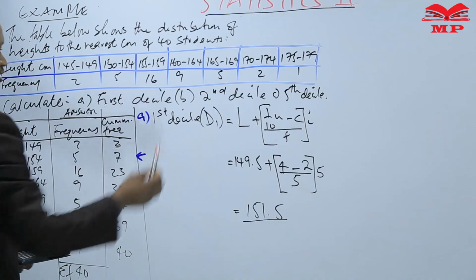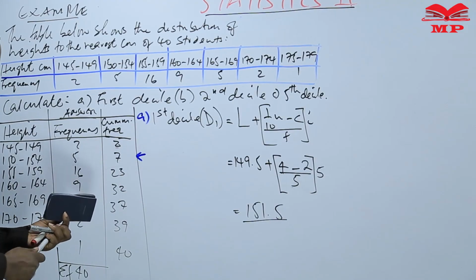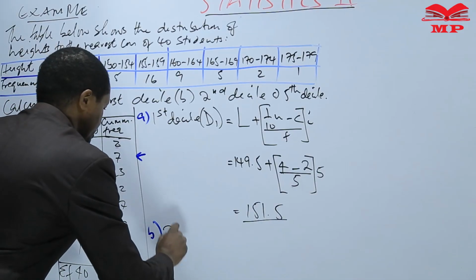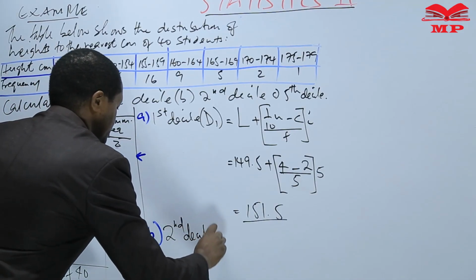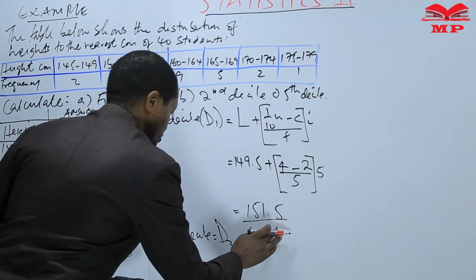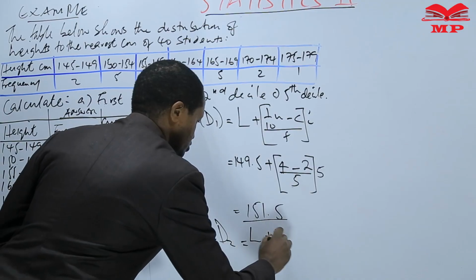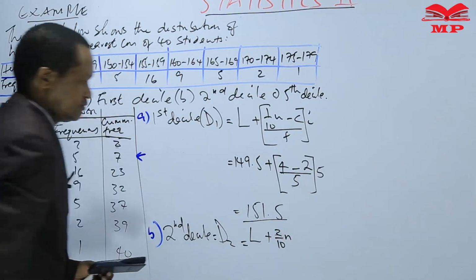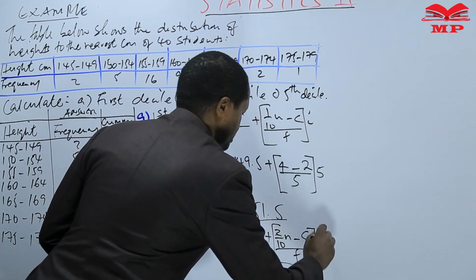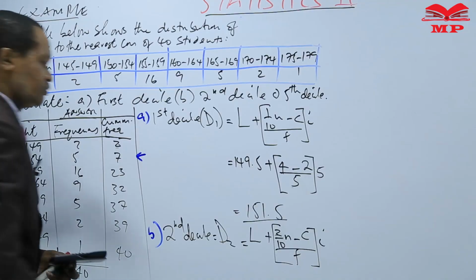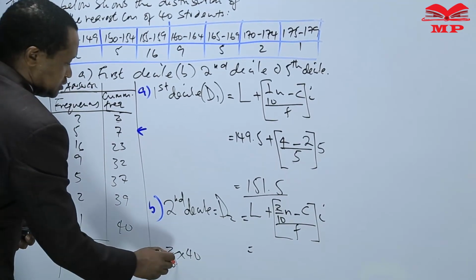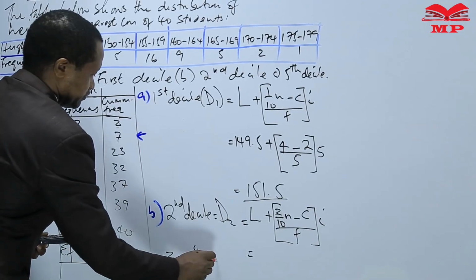Let's calculate the second decile, that is B. The second decile, denoted as D2, is equal to L plus (2 over 10 n minus C) over F, times I. First we calculate 2 over 10 times 40, which gives 8.